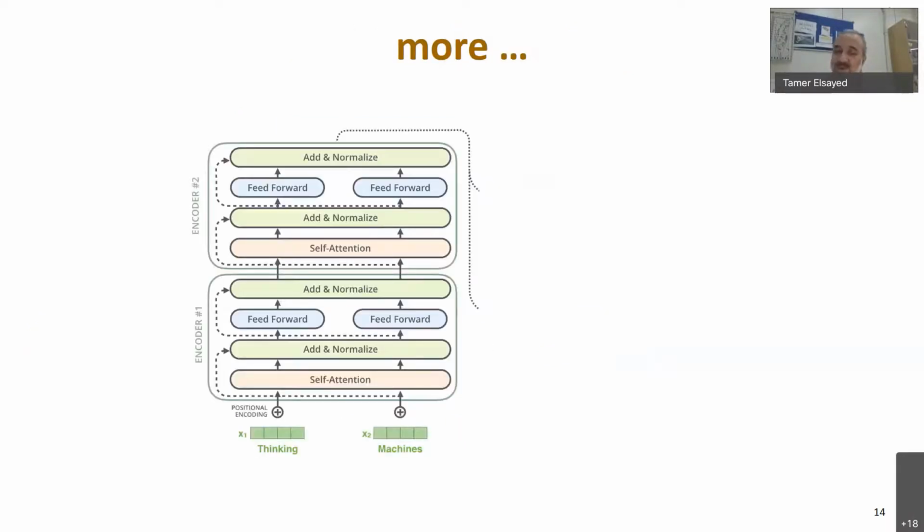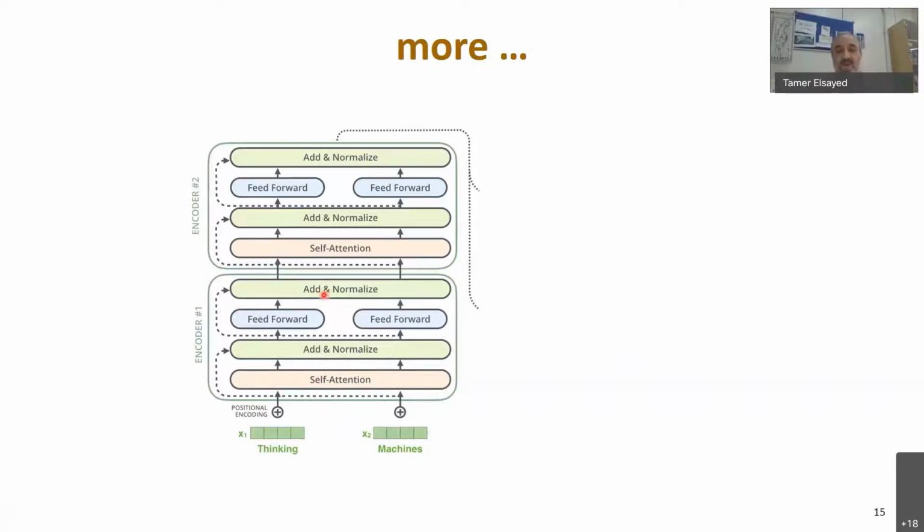There are more details, of course, in the encoders that we don't have to talk about. But as you see here, there is something called add and normalize. It's another layer for normalization after self-attention, which is repeated in the self-attention sublayer and also in the feed-forward sublayer.